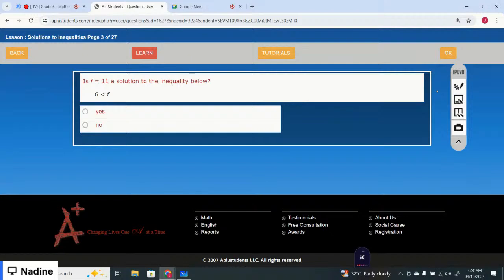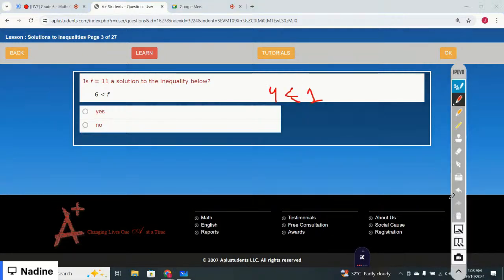Is f equals 11 a solution to the inequality below? So which is the correct option? Replace the f with the value, that is 6 is less than 11.